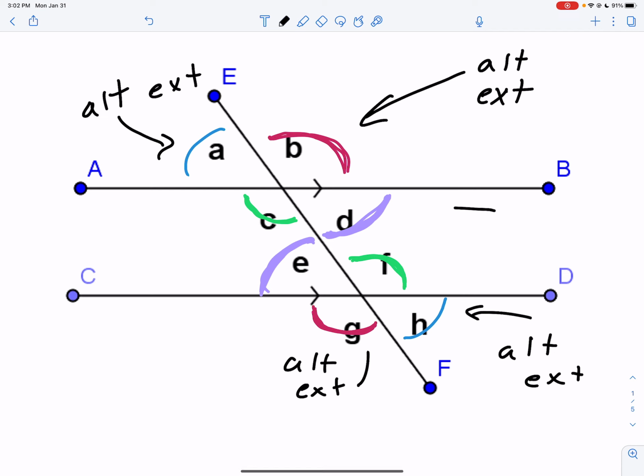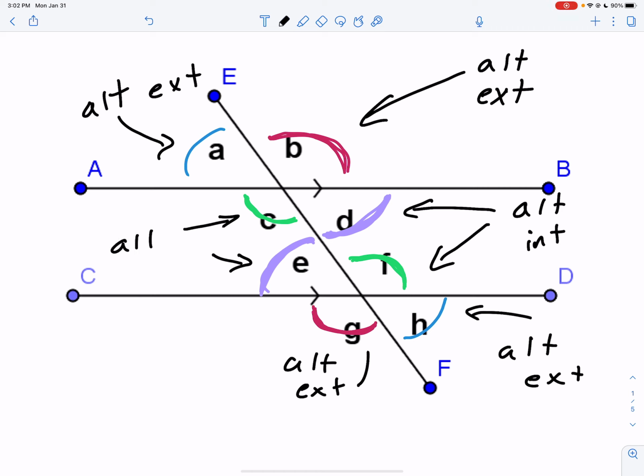And these are alternate interior. And corresponding angles are a little bit different. They're these. I just want to kind of touch back on that part.